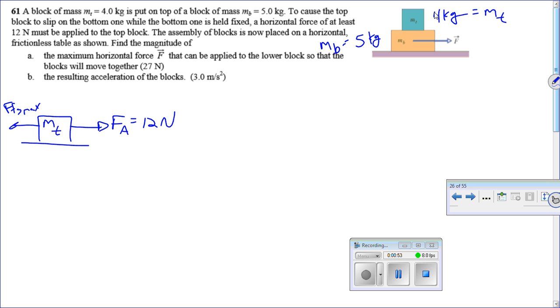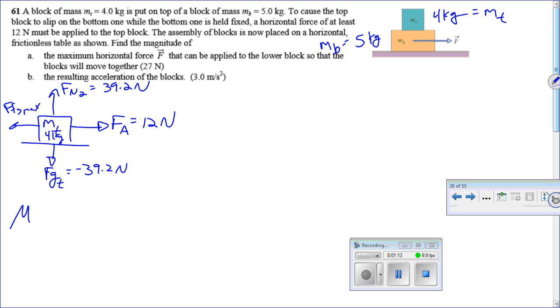And so, if the mass on top was 4 kilograms, that means that my force of gravity on the block on top is going to be negative 39.2 newtons. That means that my normal force on block 2 is positive 39.2 newtons.